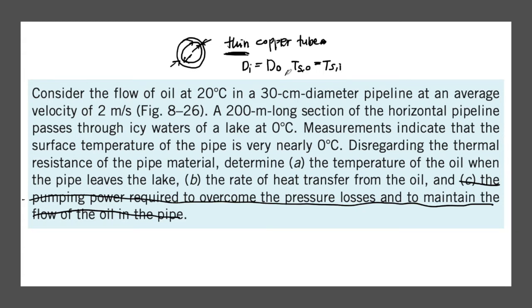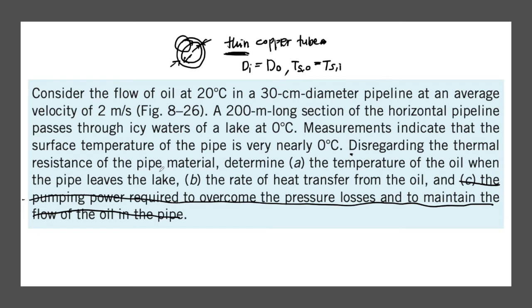For our calculation, there is another statement in the question that says we can omit the conduction process for the tube. Okay, this will occur as a conduction process. So let's take a look at the statement here: disregarding the thermal resistance of the pipe material.